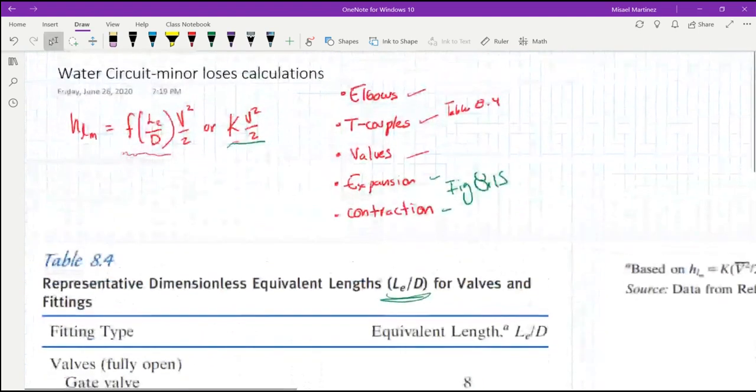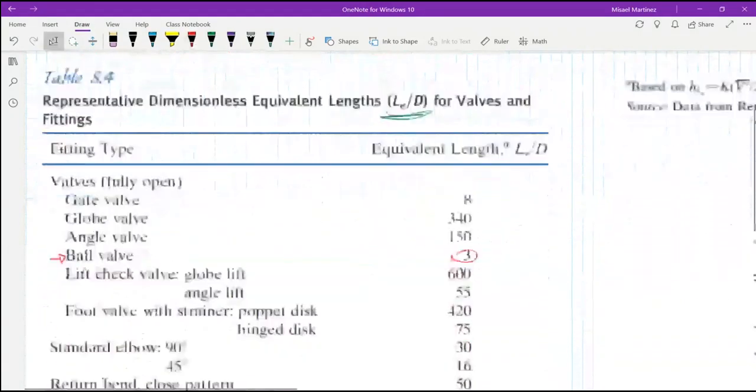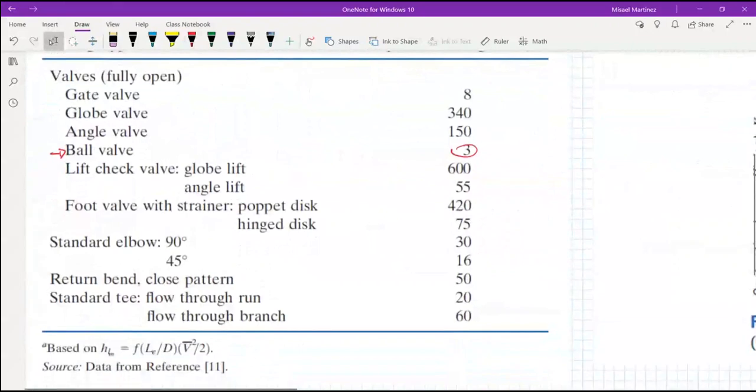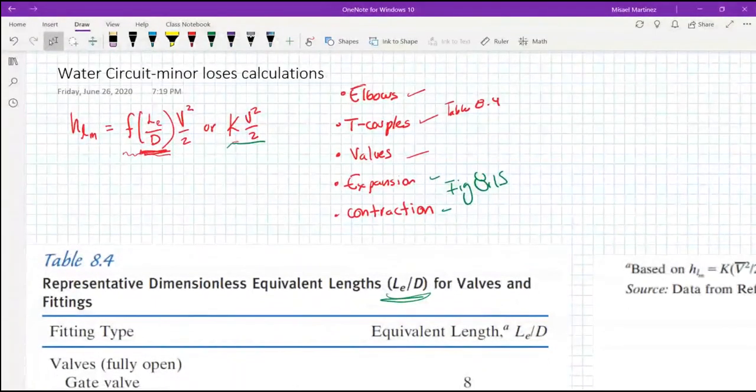So you're simply going to substitute that 3 over here for this term. So it will be the friction factor times 3 times the velocity squared over 2, and so on. You're going to do the same thing for the elbows, using the 90-degree standard elbow, which in this case is 30, and for your standard T-couples, you can use the flow through run, 20. And so you can see it's really simple, just plug and chug.